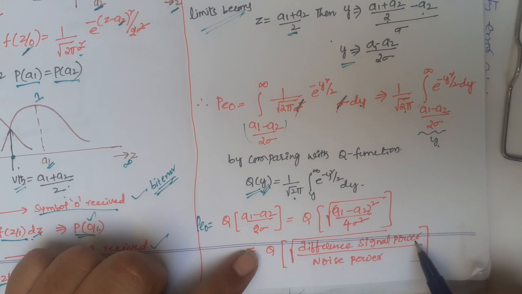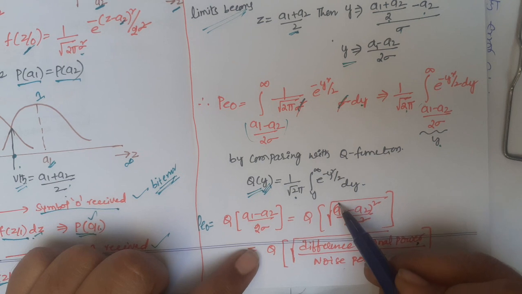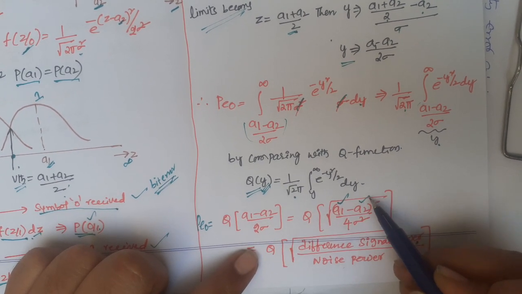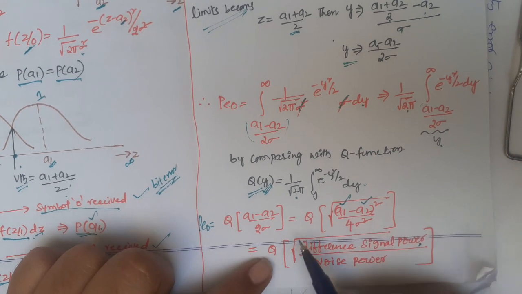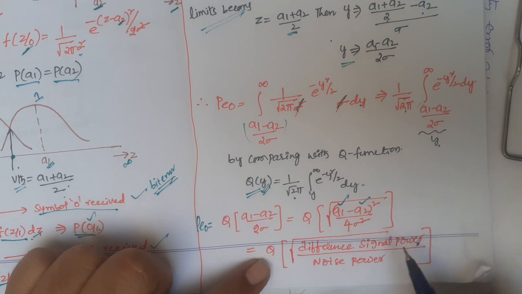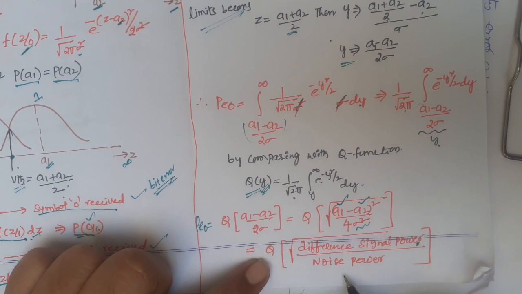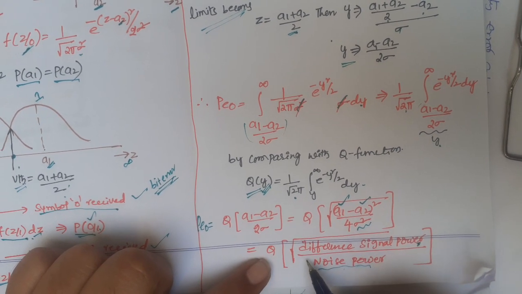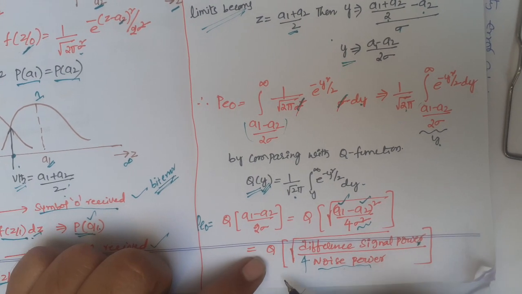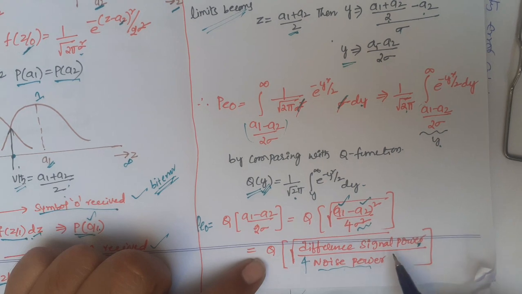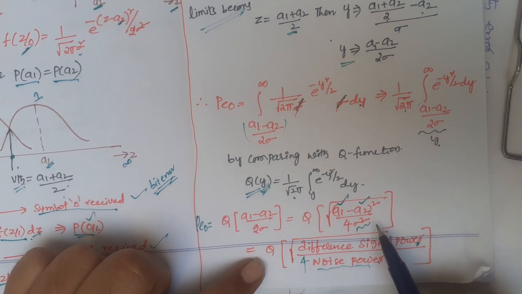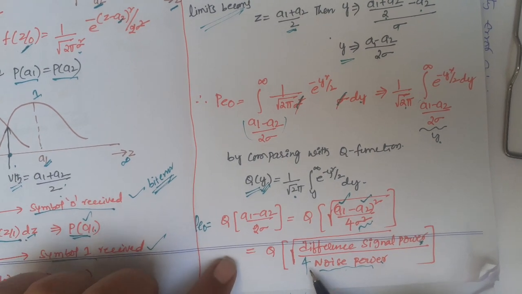Yes or no? This is for signal 1, bit 1, this is for signal 0, bit 0. So Q function of under root, this is called the signal power. This sigma square we know is called the noise power, into 4. The Q function is equal to under root of the difference signal power by noise power, sigma square is the noise power by 4 into 4.